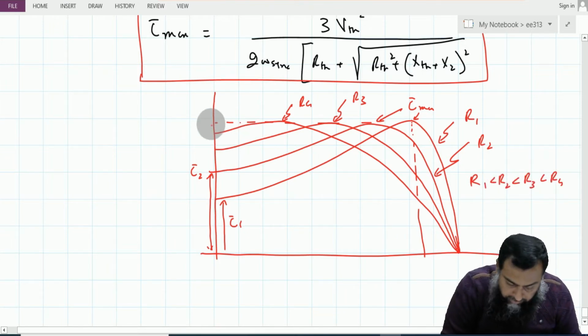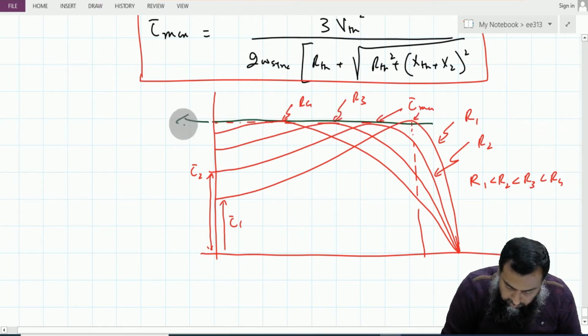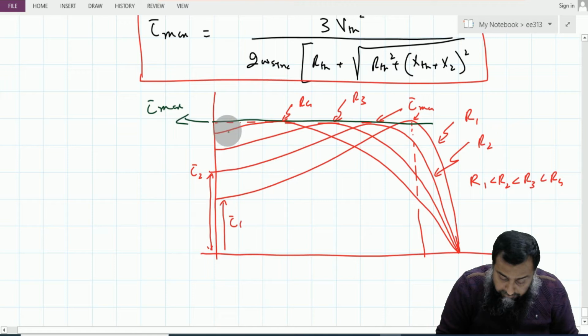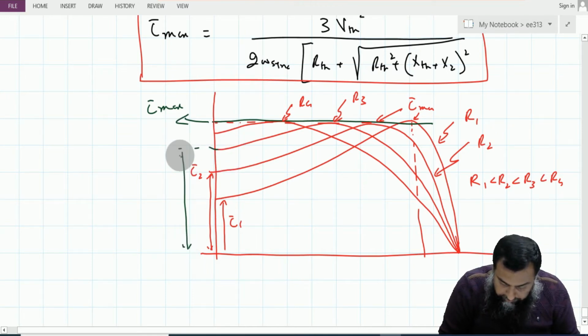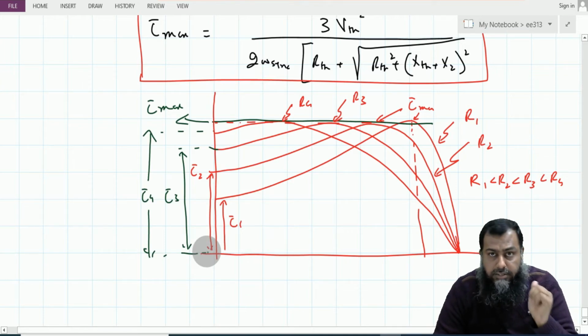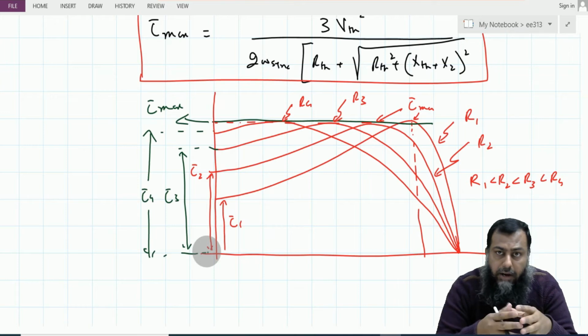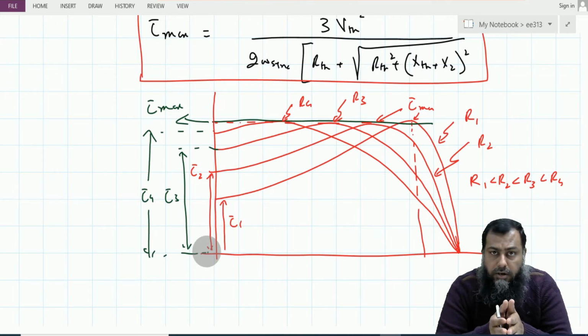Without altering this maximum value, the maximum torque is the same, but we have certainly achieved larger starting torques for these increased values of the resistances. Once the motor starts with this increased torque, the heavy loads can be adjusted, and thereafter these resistances can be plugged out of the system so that the motor operates under normal operating conditions.